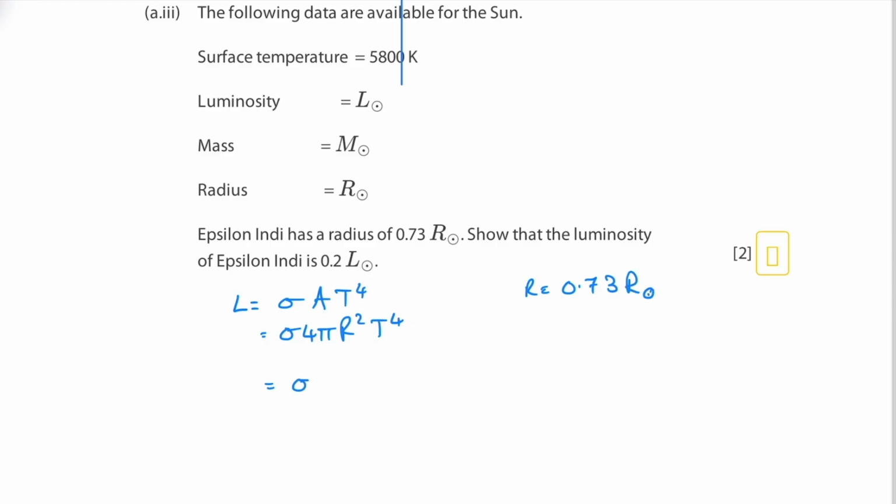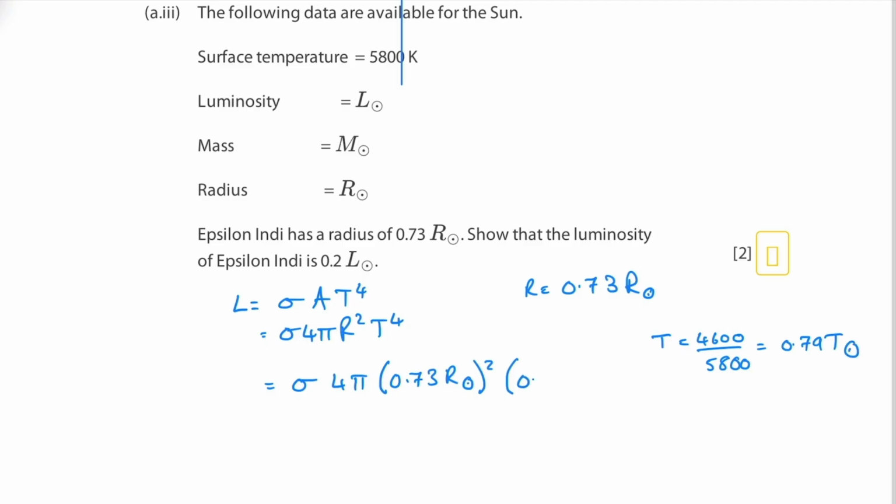So we can say 0.73 squared. But we need to know the temperature of Epsilon Indi in terms of the temperature of the Sun. Well, the temperature is equal to 4.6, that's the temperature of Epsilon Indi, divided by that of the Sun, which is 5,800, which gives us a value of 0.79 temperature of the Sun.